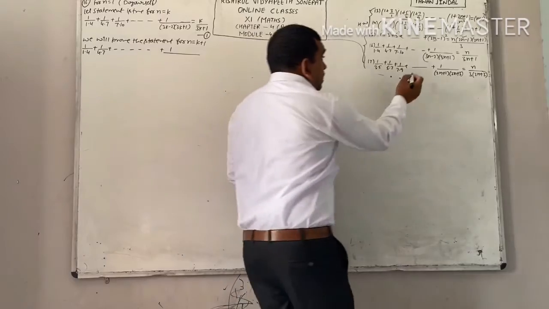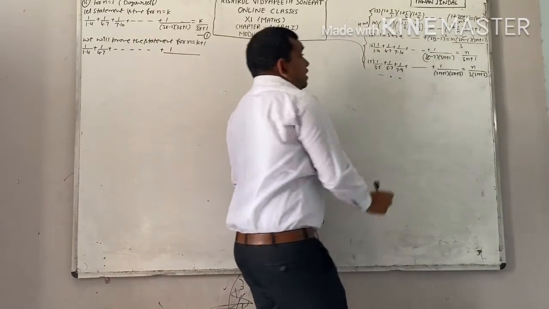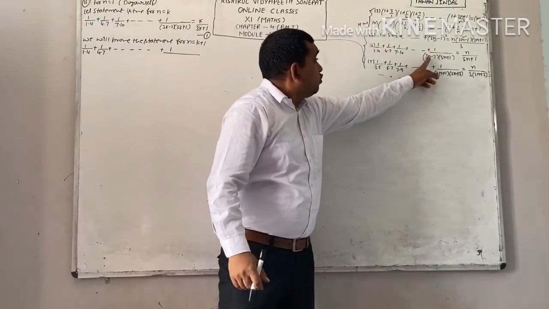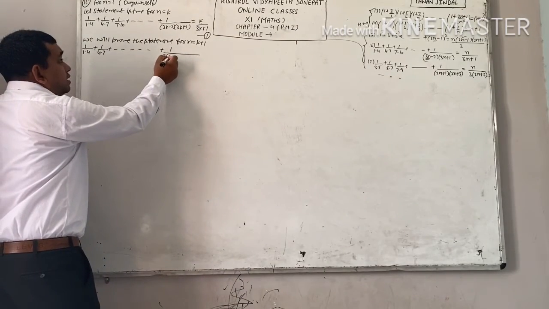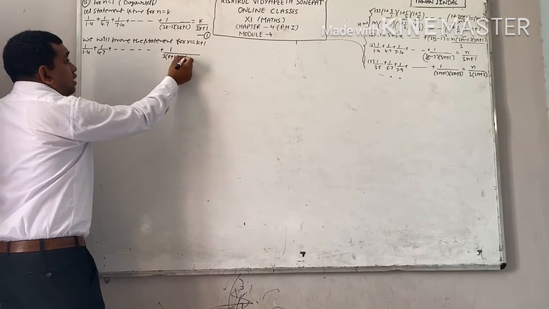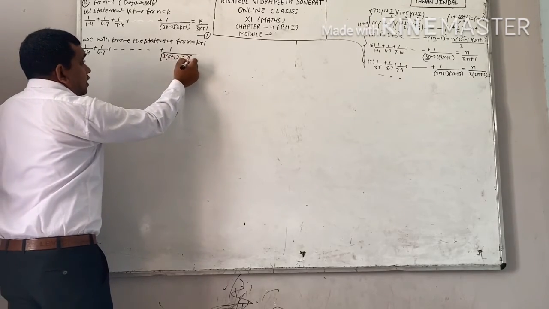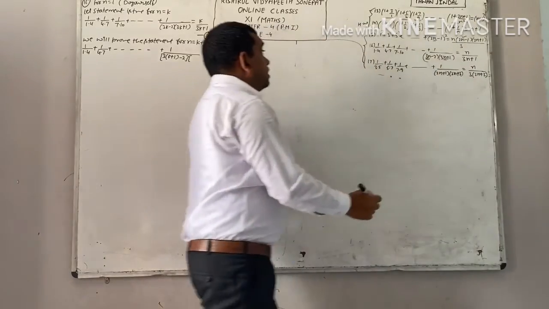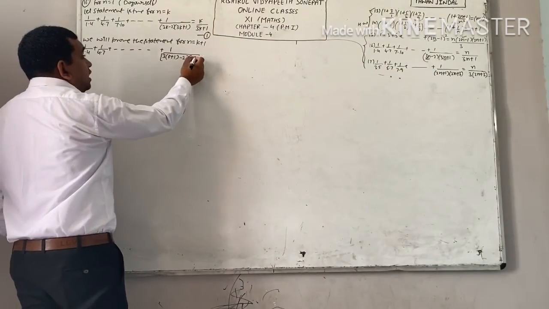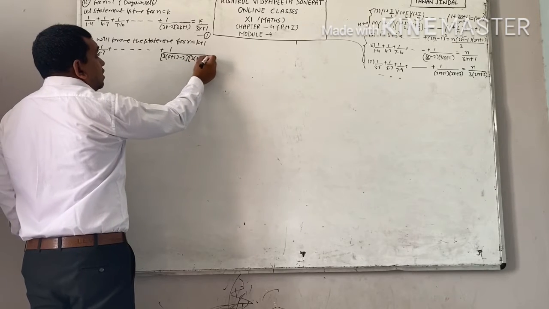Now you can see here 3 is multiplied with n, and in place of n, you have to write down k plus 1. This will become like this: 3 into k plus 1 minus 2. In the next bracket also, in place of this n, you will write down k plus 1. This will become 3 into k plus 1 plus 1.